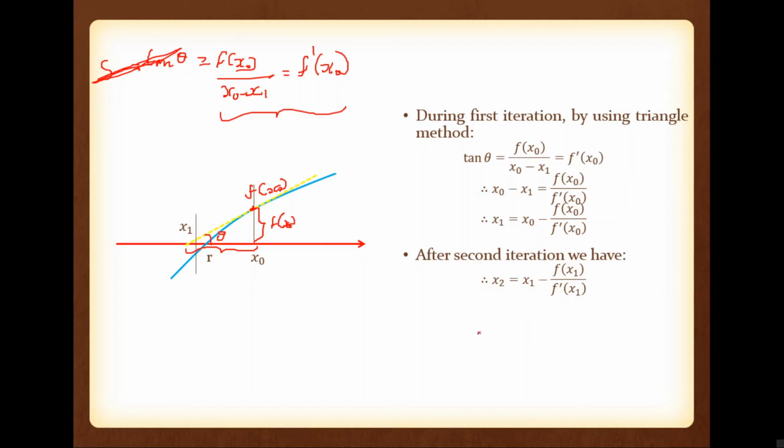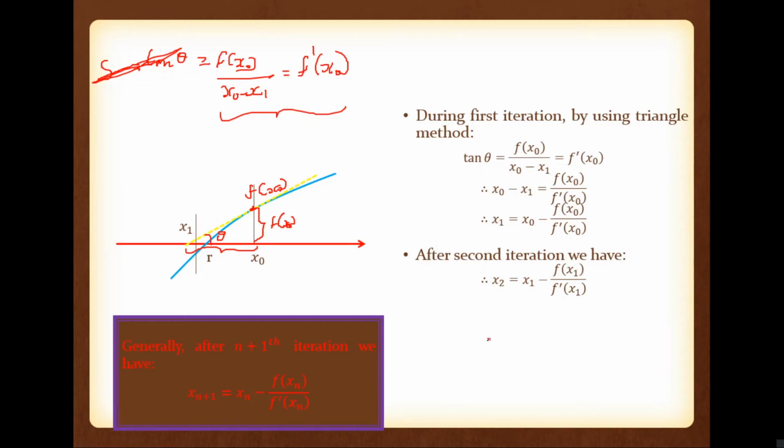Means during the third iteration, we have x3 is equal to x2 minus f of x2 divided by f dash of x2. Like that it will go. Means during the n plus 1th iteration, we have xn plus 1 is equal to xn minus f of xn divided by f dash of xn.